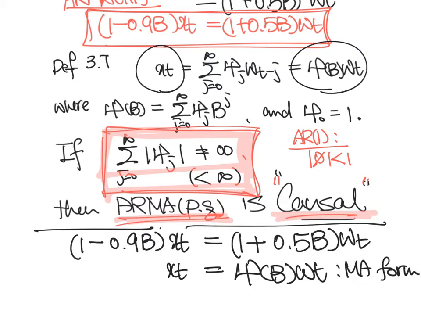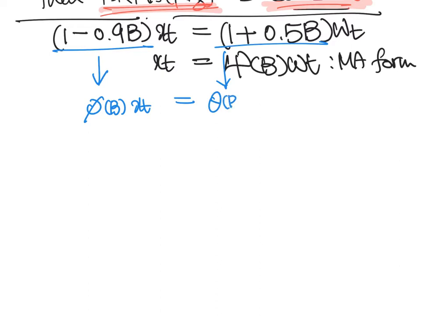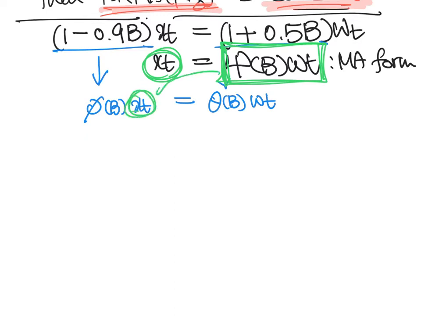Okay, then now I can say it is the phi(B) xt, and this one is the theta(B) wt, and now we plug the xt equal to big phi operator times wt into here.